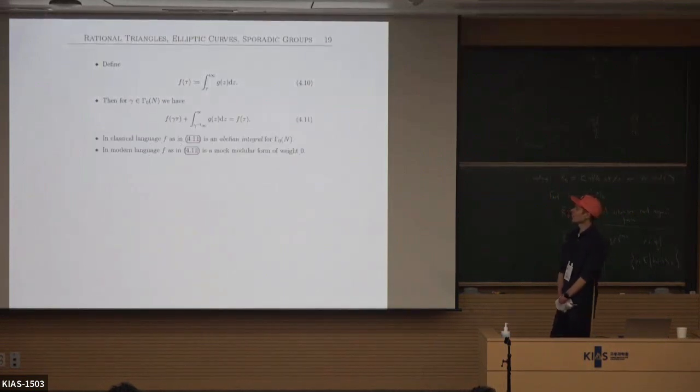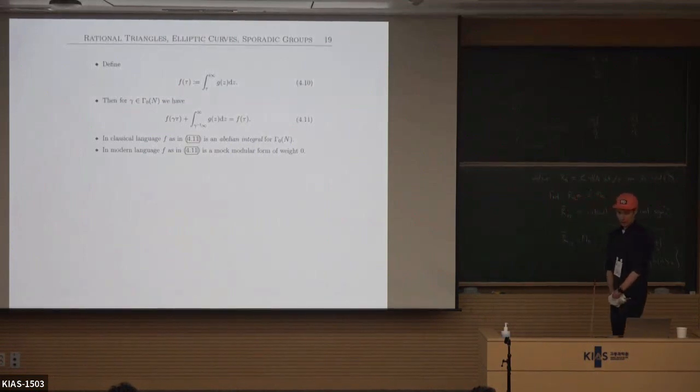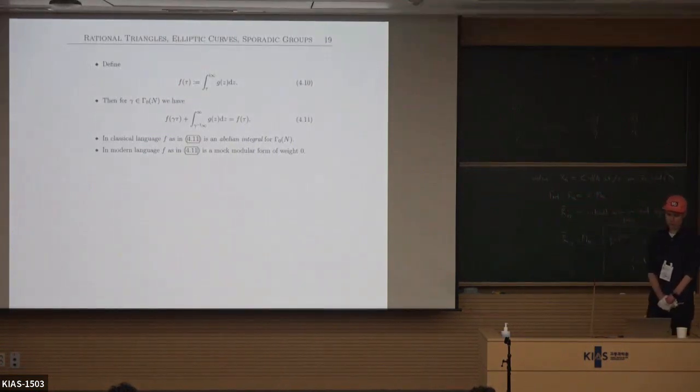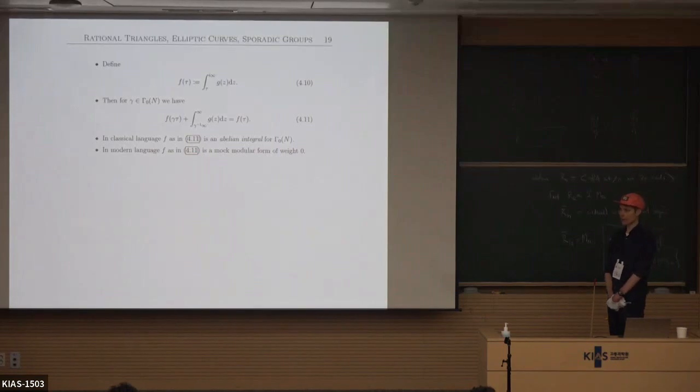So the moral of the story is, if you play this out in different weights, in weight 1/2, then you get the Mock theta functions that Ramanujan wrote down.